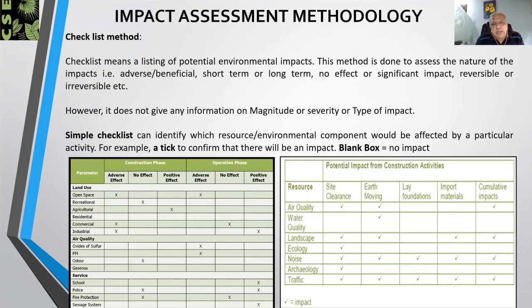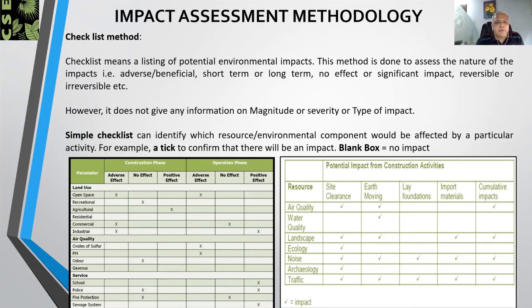The checklist method is a very simple method wherein we write the activities and the extent of impact likely on the activities in the column to the left, whereas the type of impact, like adverse impact, no impact, positive impact, is written on the right in the rows.